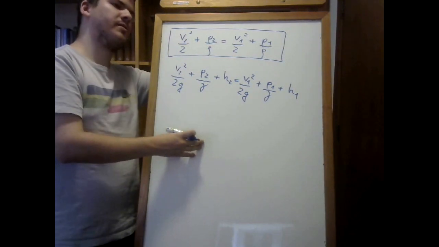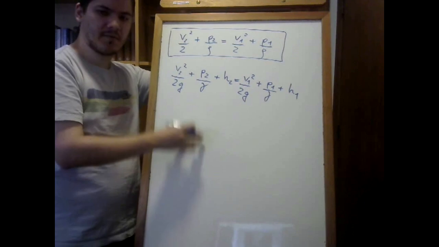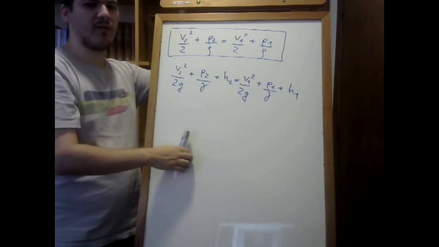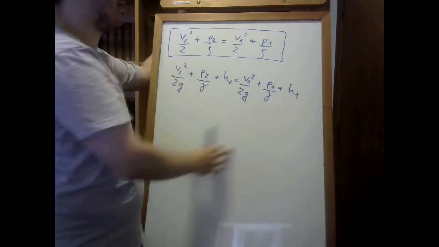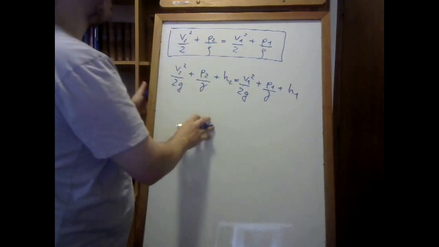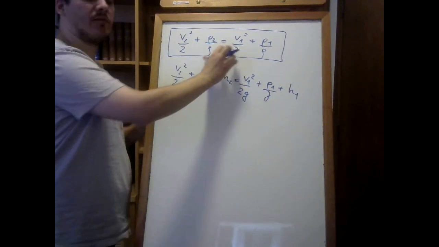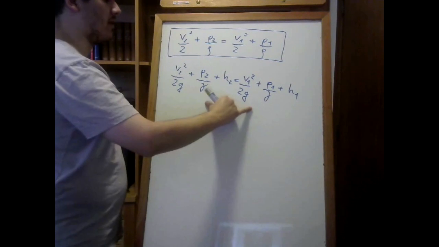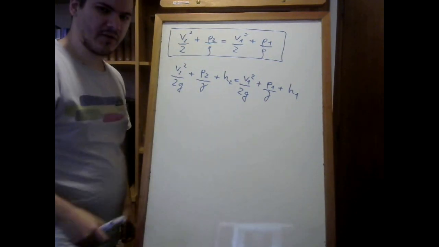In this particular case, we are considering that the velocity is acting on the y or z direction. And H1 is the height of the first point. So this is the Bernoulli equation neglecting effects of gravity, and here is the Bernoulli equation for effects of gravity.